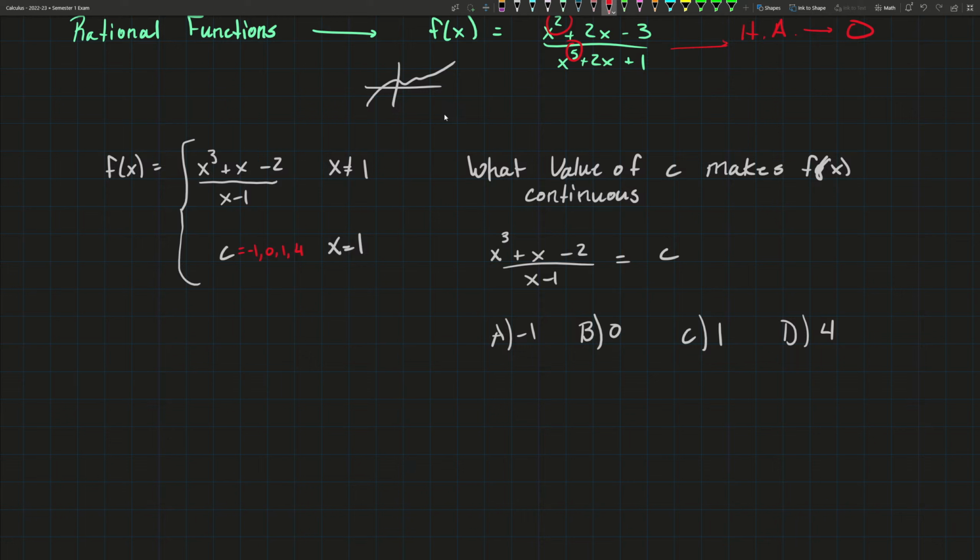Basically, we need the left-handed limit and the right-handed limit. So we need to find things on the left of 1. We'd plug in something like 0.9 and evaluate it.